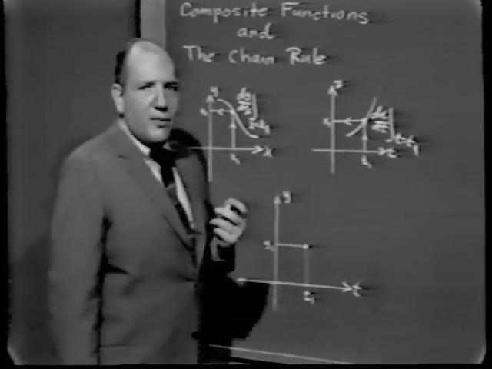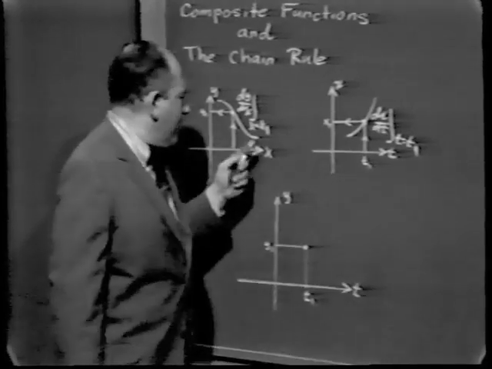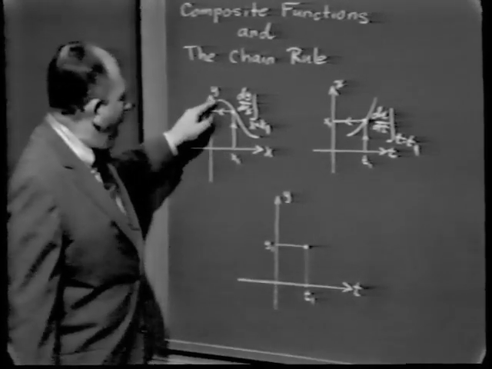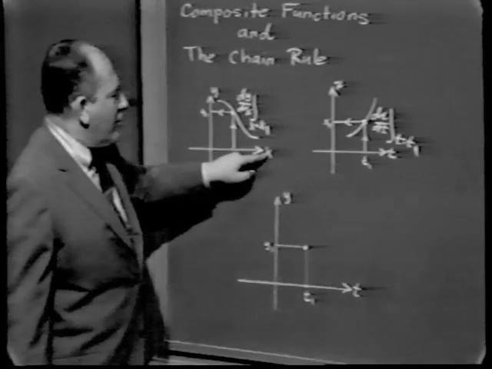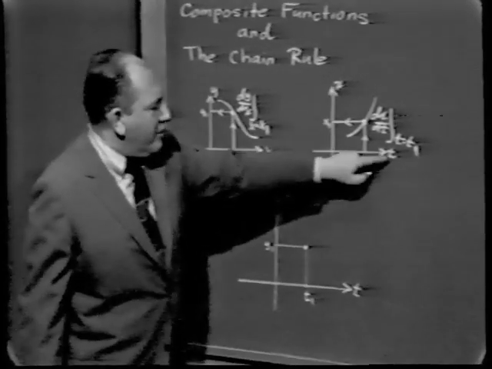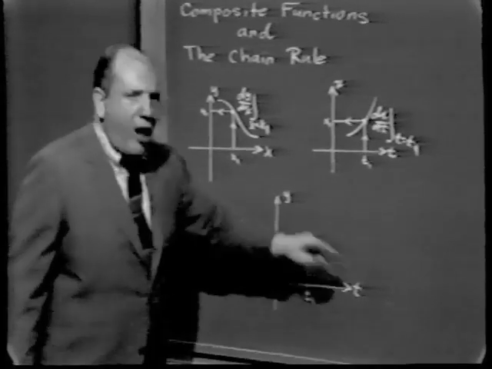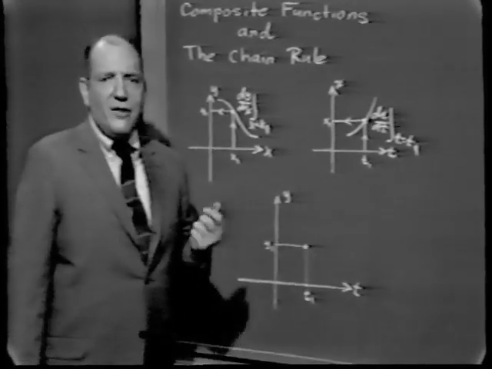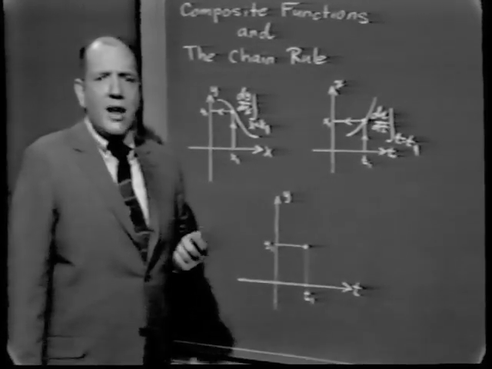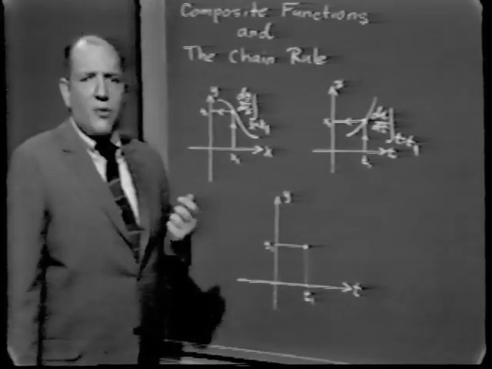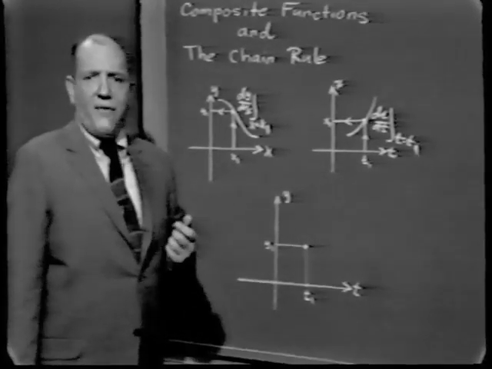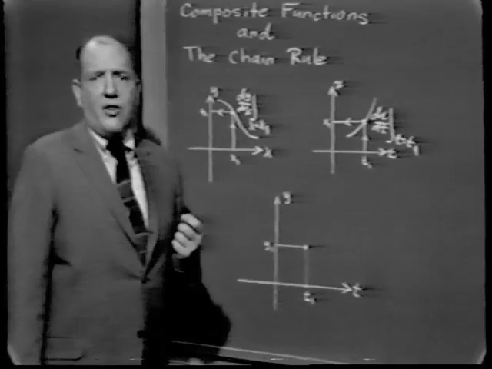Now, without going into a proof at this stage, all we're saying is this. We suspect that if y is a differentiable function of x, and x is a differentiable function of t, then y should also be a differentiable function of t. Notice it's not a conjecture at all that if y is a function of x and x is a function of t, then y is a function of t.